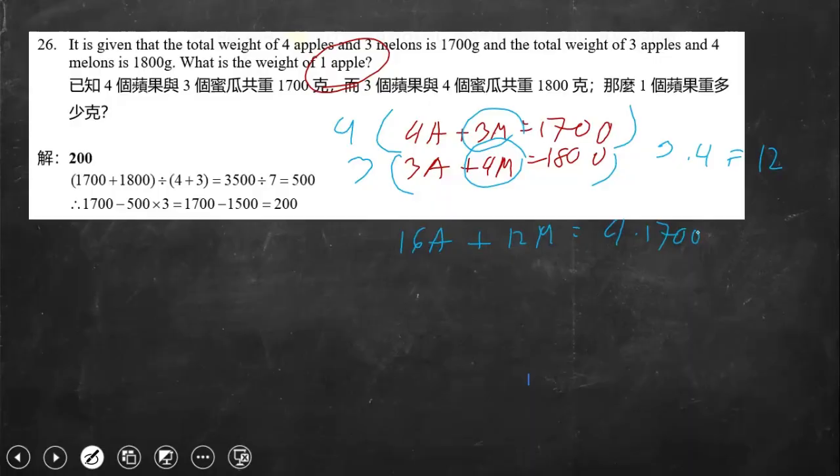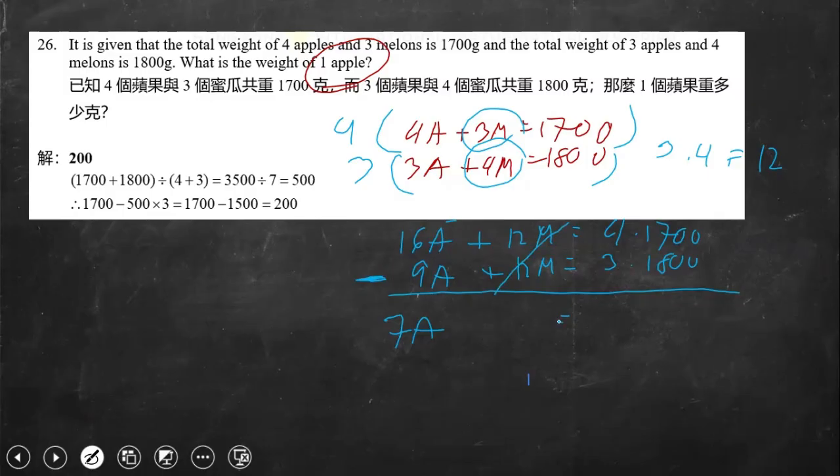And the second equation is 9a plus 12m is equal to 3 times 1,800. So subtracting the equations, we have 16a minus 9a, we have 7a. Then 12m minus 12m is 0.